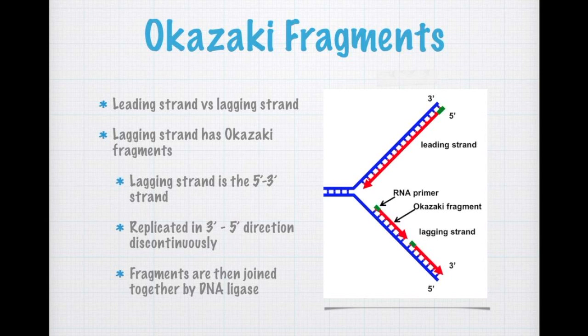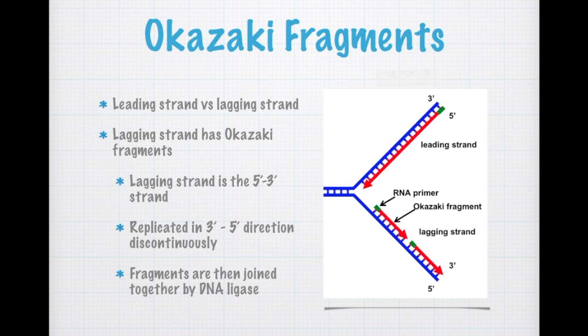Unfortunately, the lagging strand has a 5' end at the bottom. Since the DNA polymerase only works in a 5' to 3' direction, it does require that free 3' end. So, in order for it to replicate properly, it has to start up at the top where the replication fork is, and it works its way down.